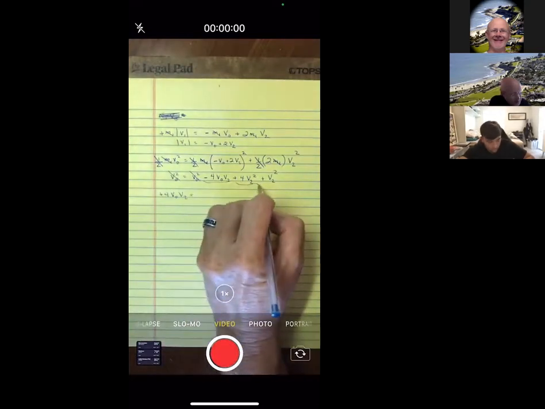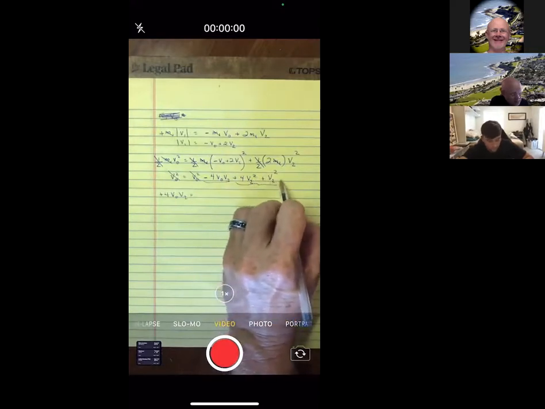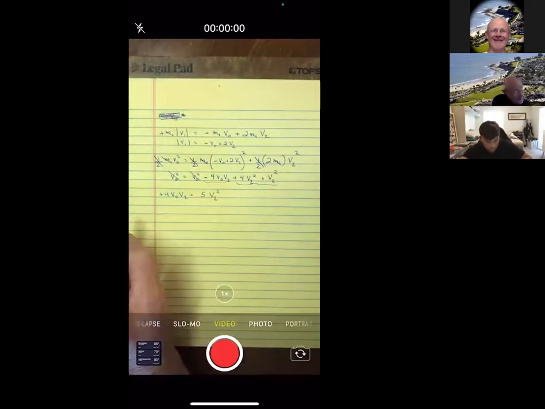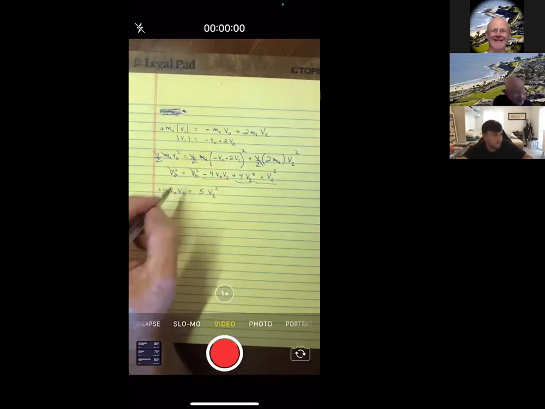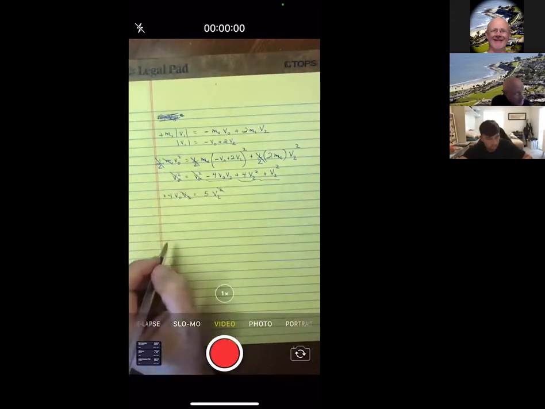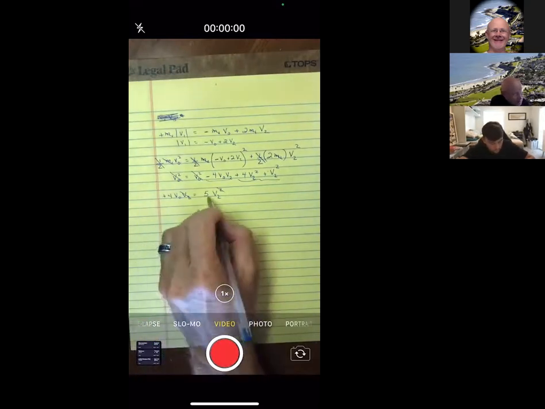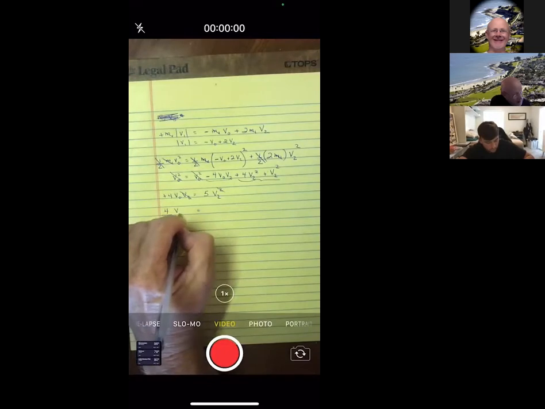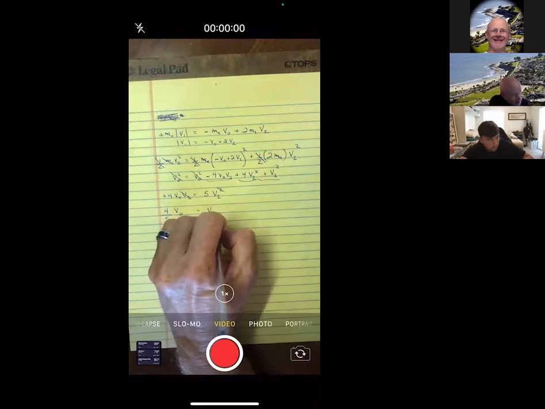And then these two can be put together. You got 4 v2 squared and 1 v2 squared. So that makes a total of 5 v2 squared. And because those canceled, this is going to make the math a lot easier. We don't have to do a quadratic formula. We can just cancel off a v2. And we can even move the 5 to the other side. So we would have 4/5 of v naught is then equal to v2.